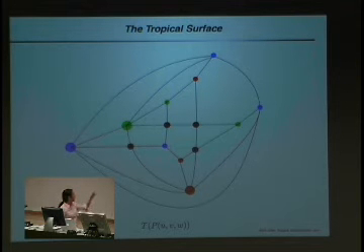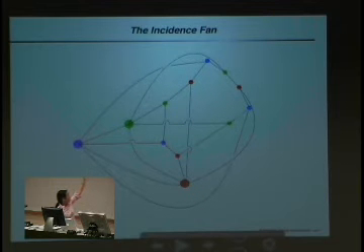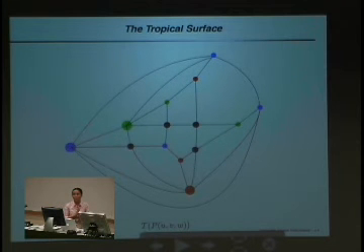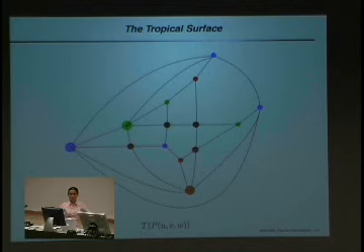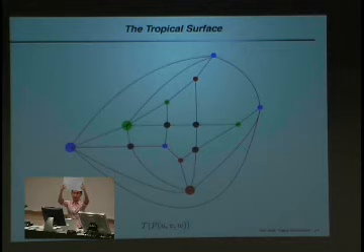Okay, and then if you look up there, you see this one green dot and one red dot. They disappear when you map, because you have 2 cones, and when you map, they become like this.